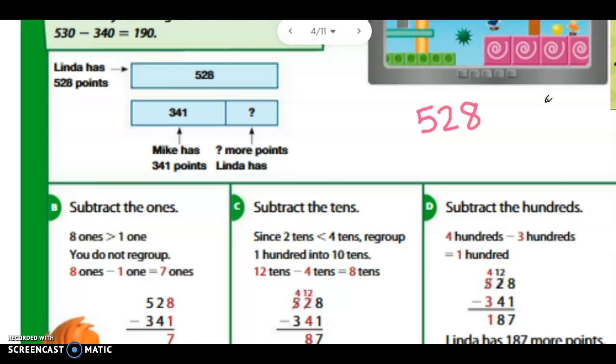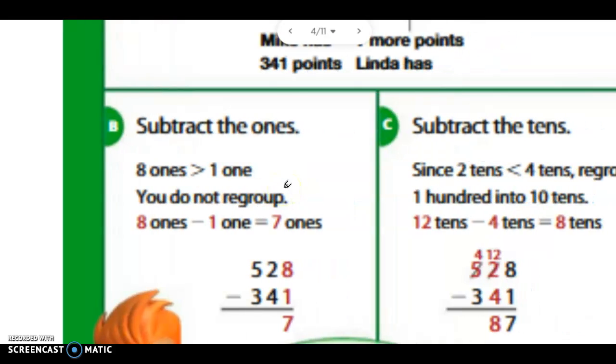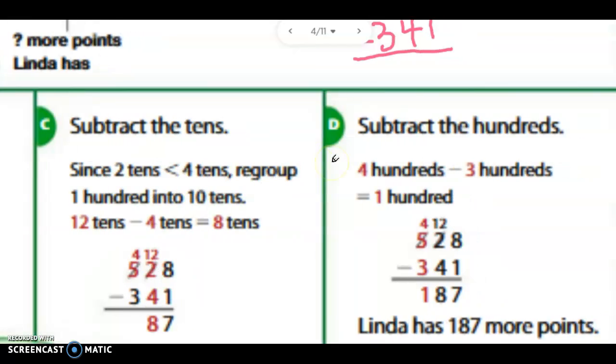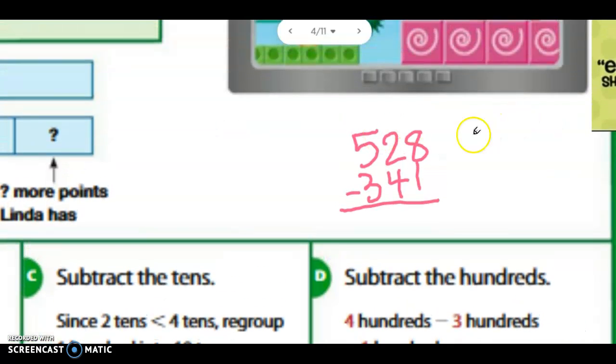528 minus 341. So our first step in subtracting is to subtract the ones place. So let's go back and look at the ones place. We have 8, take away 1.